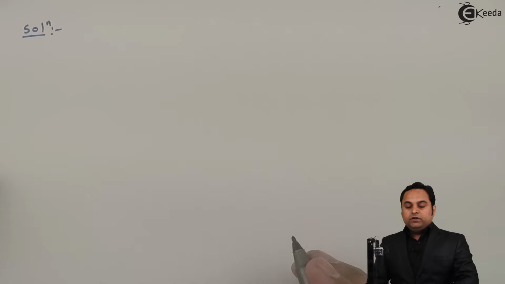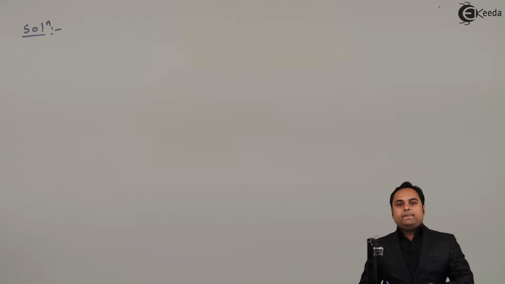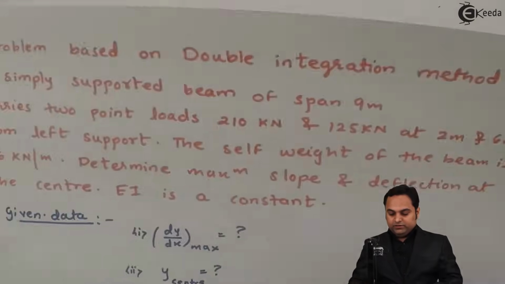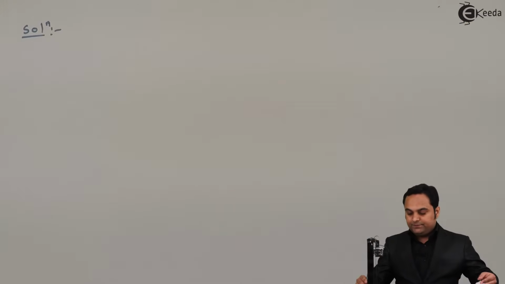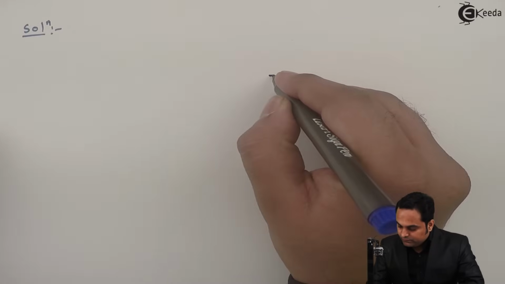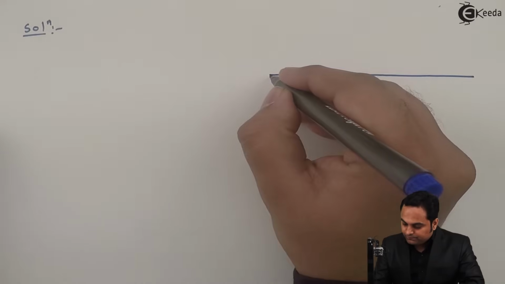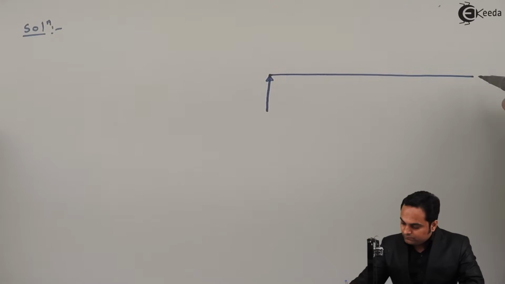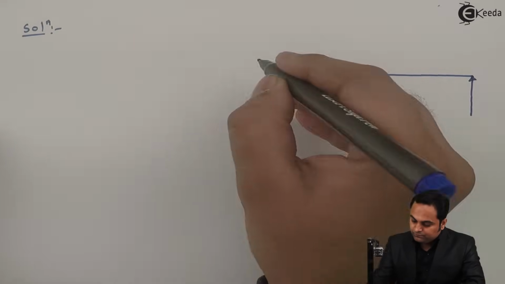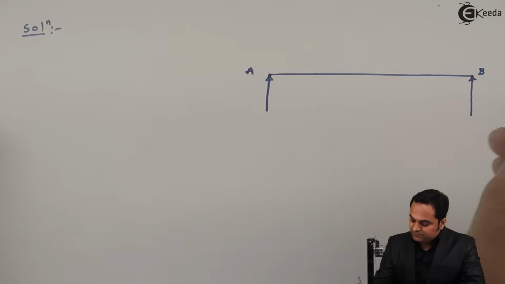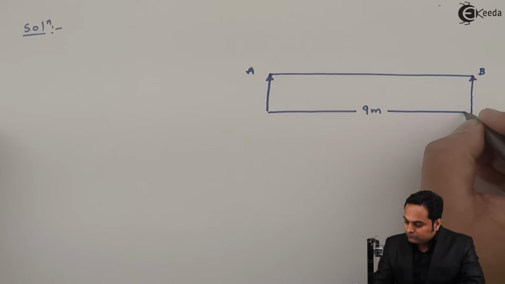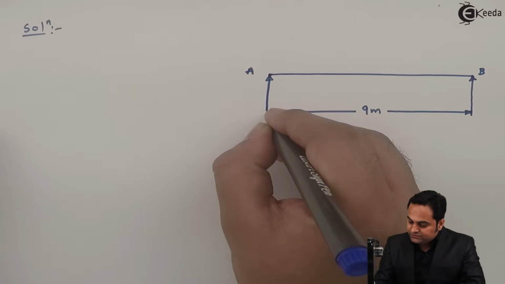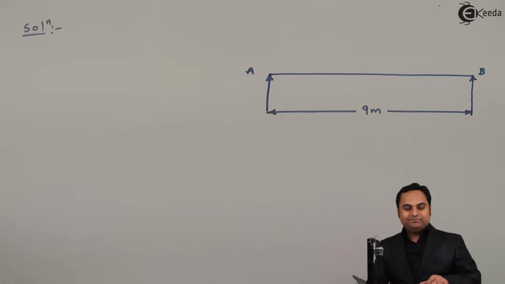Now here in the solution part, the first thing is I'll draw the diagram with the data which is given. Now they are saying that a simply supported beam of span 9 meter. So here we have a simply supported beam whose span is 9 meter.